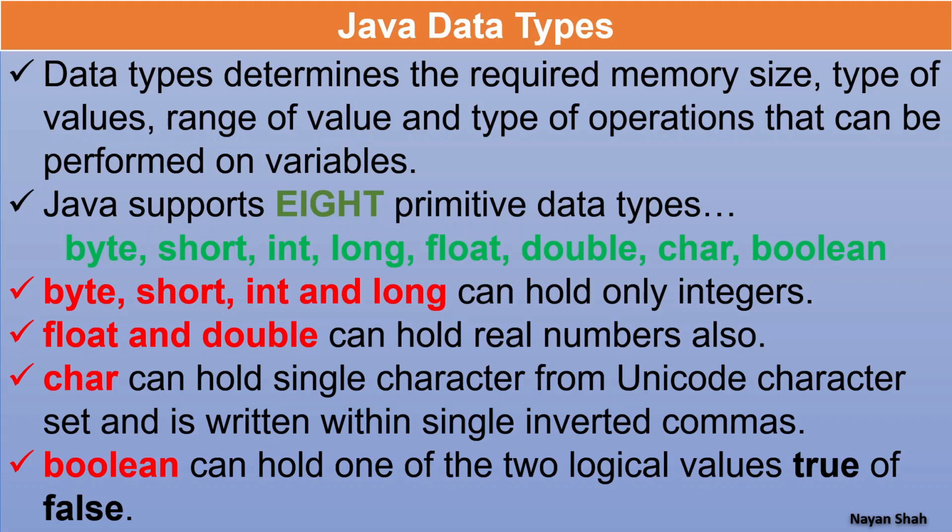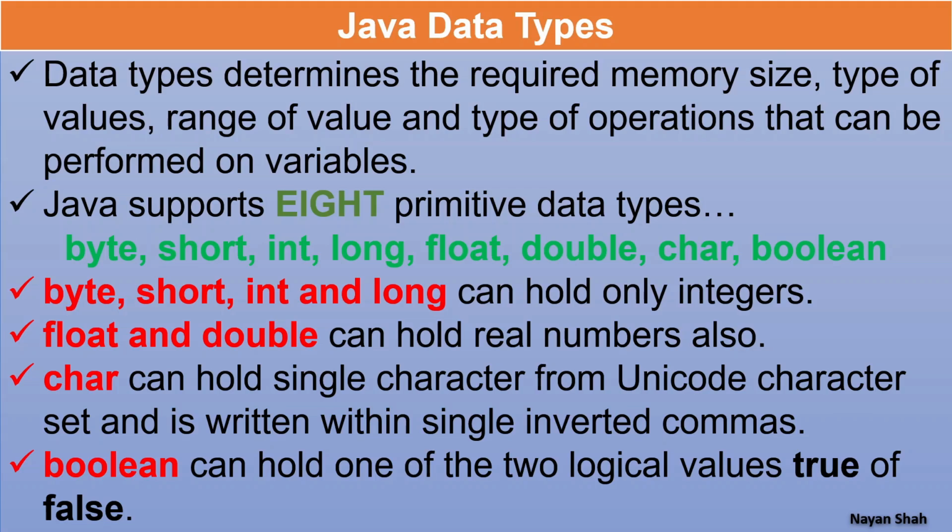As you can see, the first 4, that is byte, short, integer, and long, can hold any number, but a number without a decimal point. Byte, short, integer and long can hold only whole numbers. The range is different: byte has one range, short has a bigger range, integer has an even bigger range, and long has an even bigger range.